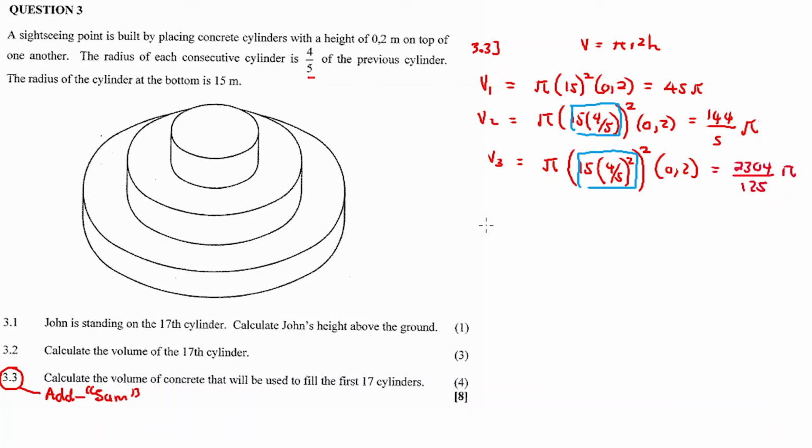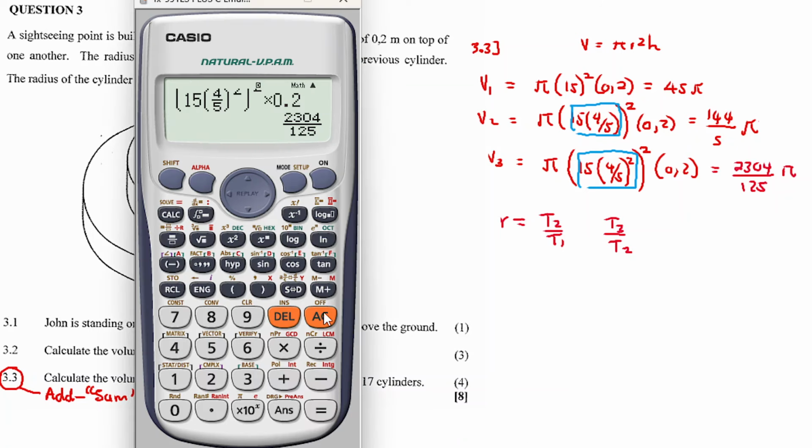But we have to test for a constant ratio. So our ratio is the second thing divided by the first, and also check the third volume divided by the second, just to check whether I actually get a constant ratio.